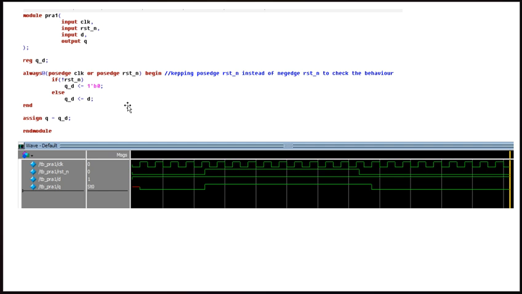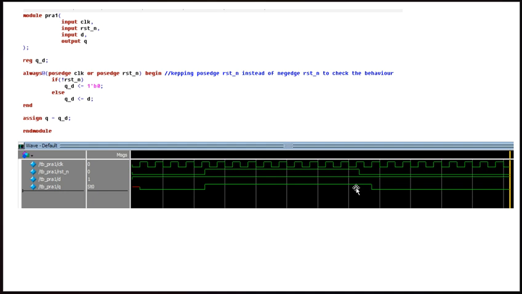Because we can't give posedge in the sensitivity list of an active low reset. The main purpose of an asynchronous reset is that even without a clock we can reset the flow, but by looking at this waveform, that is not possible, because it is acting as a synchronous reset, giving output at the next clock edge.